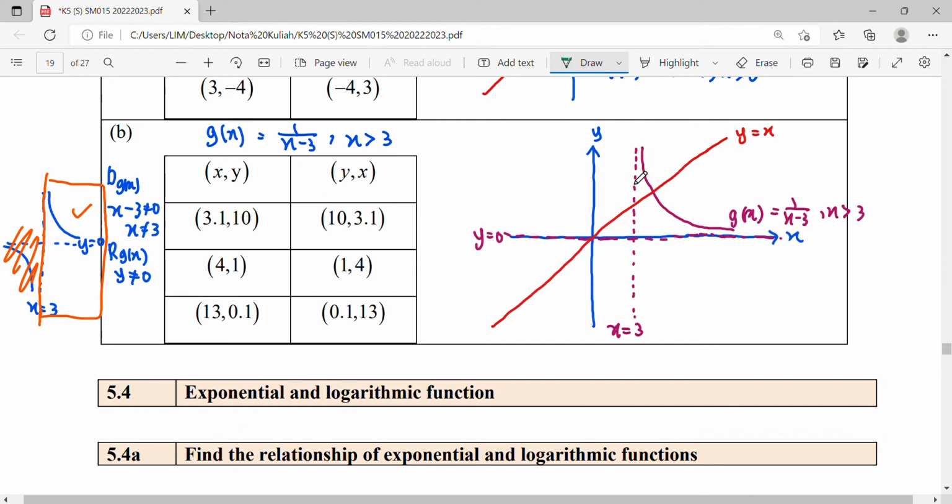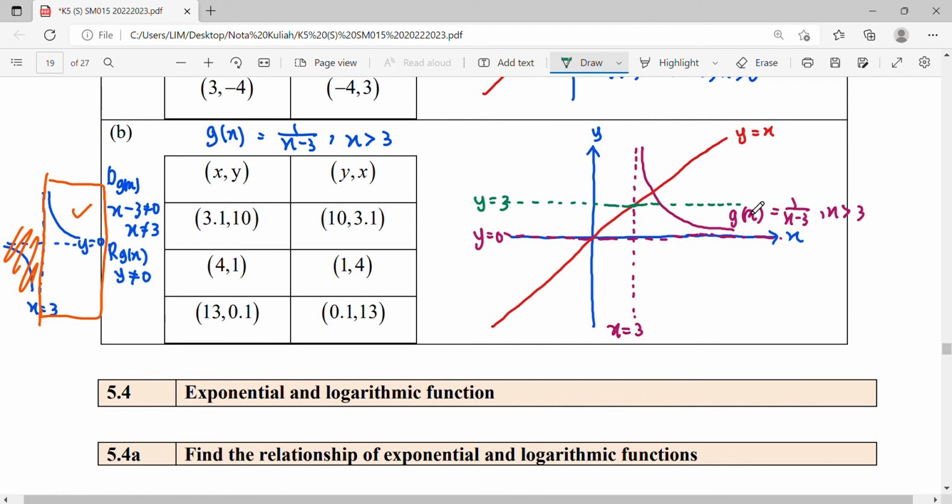For the vertical asymptote, when you reflect x equals to 3, it occurs here. So this is the reflection axis, so pantulan akan berlaku di sini. The reflection of the vertical asymptote will become a horizontal asymptote for the inverse, which occurs here. So label x equals to 3 now becomes y equals to 3.